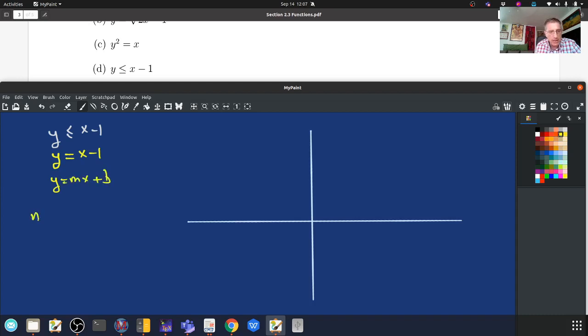So the slope m is equal to 1, and the intercept b is equal to 0 minus 1. So I'm just going to say this is 0, minus 1. The slope is 1 to 1.